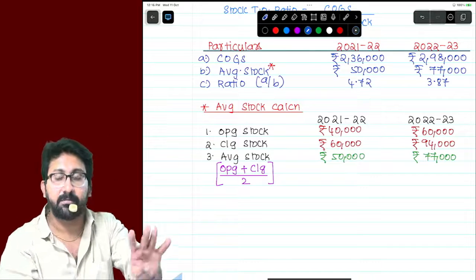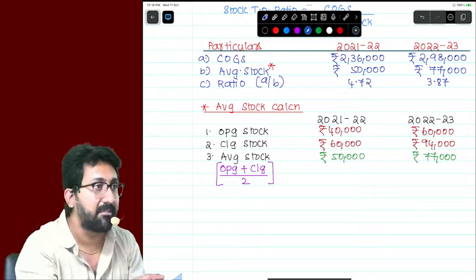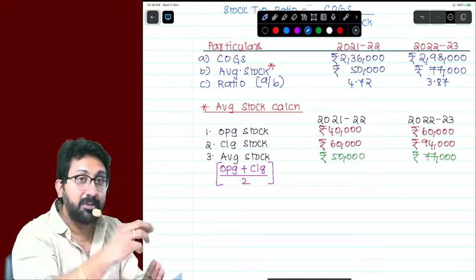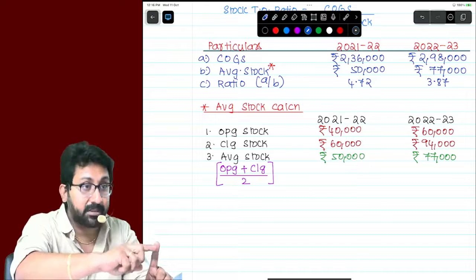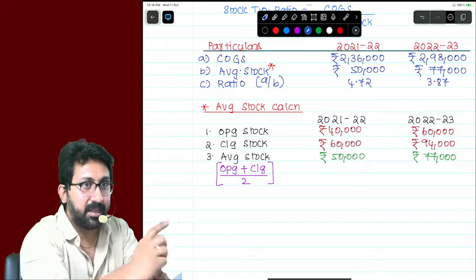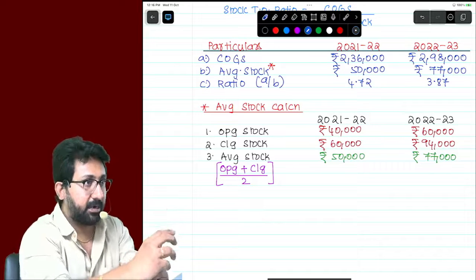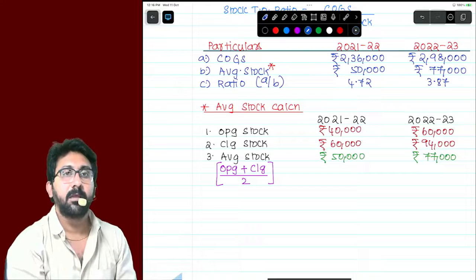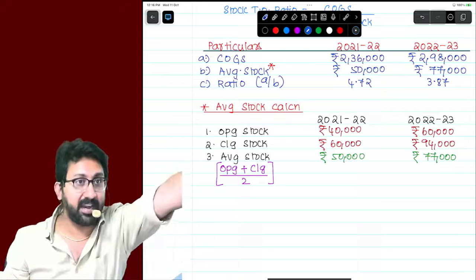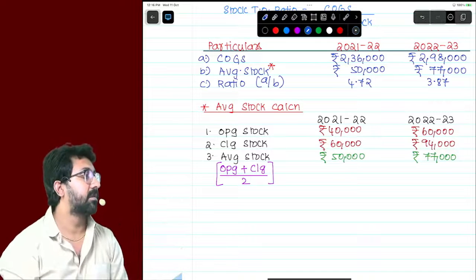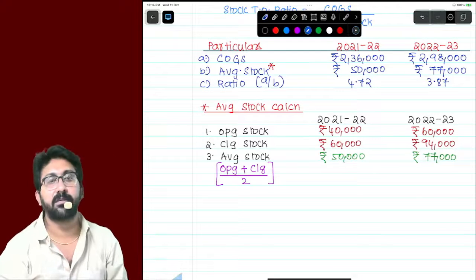For that, I will add profit, 2 rupee profit. At what rate I sold? For 1 rupee of stock I realized 6 rupees in total.